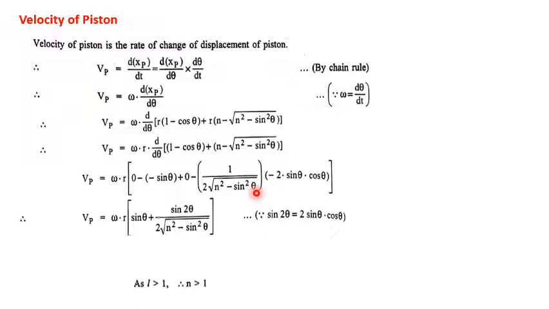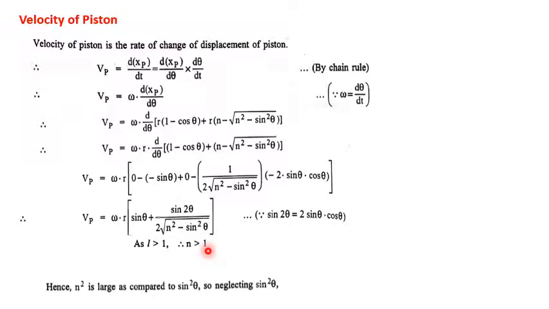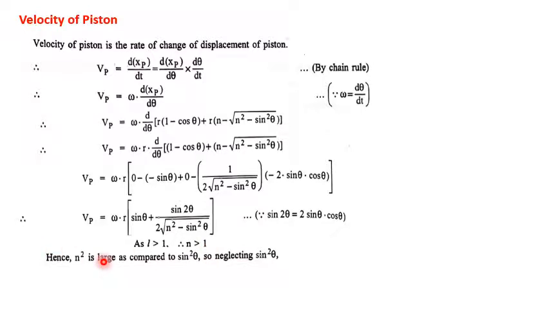The next point is, we know that the length of the connecting rod should always be greater than unity. Therefore the obliquity ratio should also be greater than 1. So the n square value is larger compared to sine square theta.